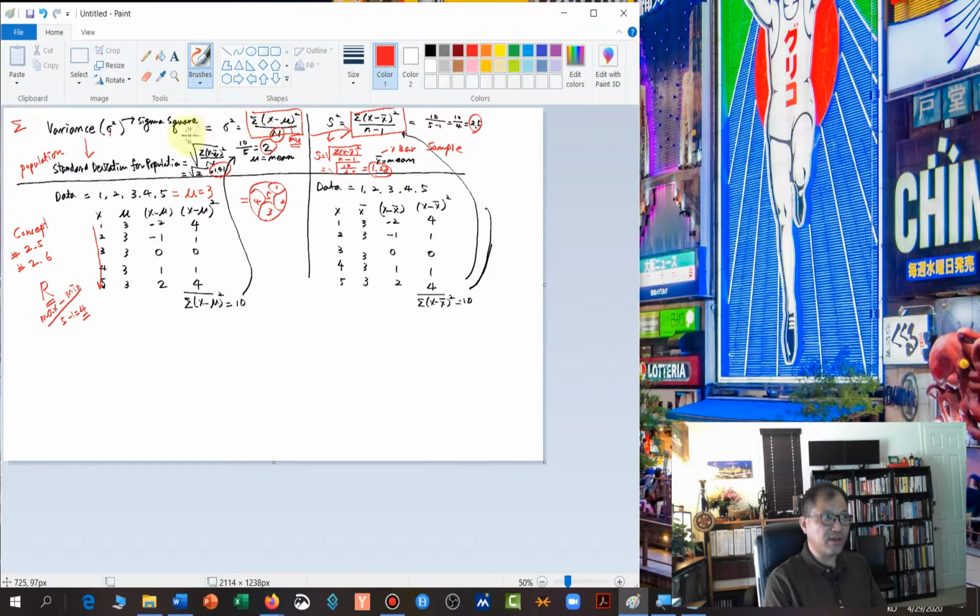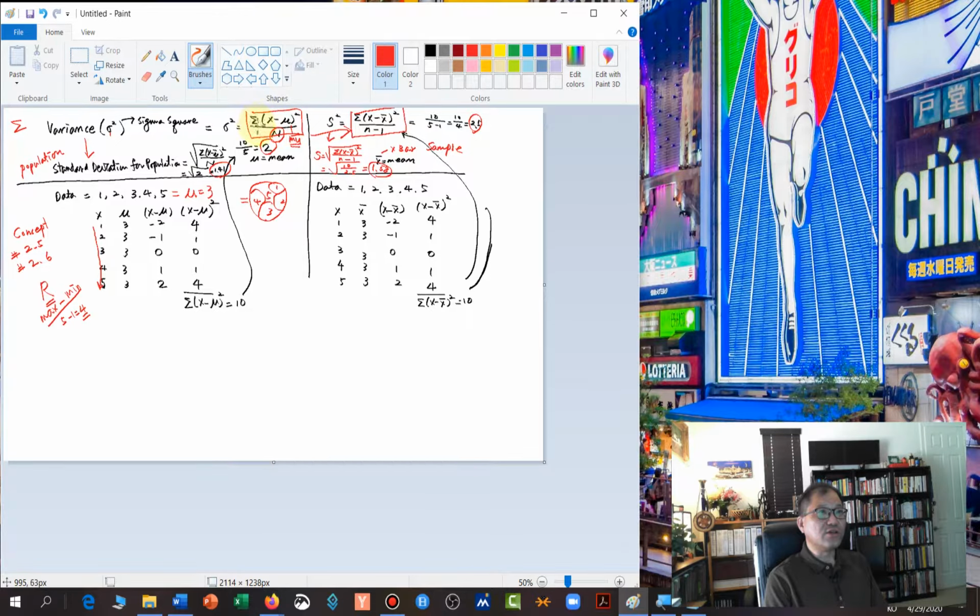I put mu right there, 3, 3, 3, 3, 3, to calculate x minus mu. 1 minus 3 equals negative 2, right? 2 minus 3 equals negative 1. 3 minus 3, 0. 4 minus 3, 1. 5 minus 3, 2. So I just calculated the value for x minus mu.